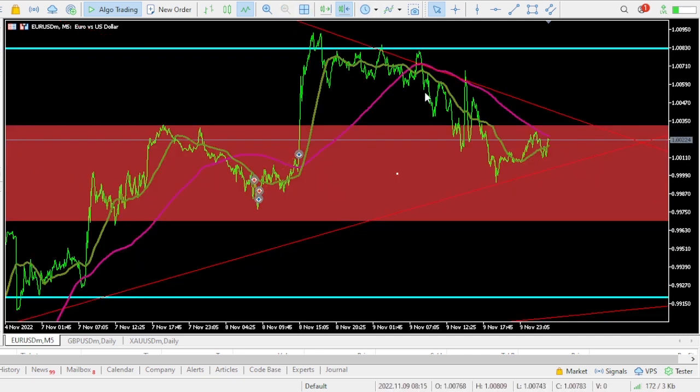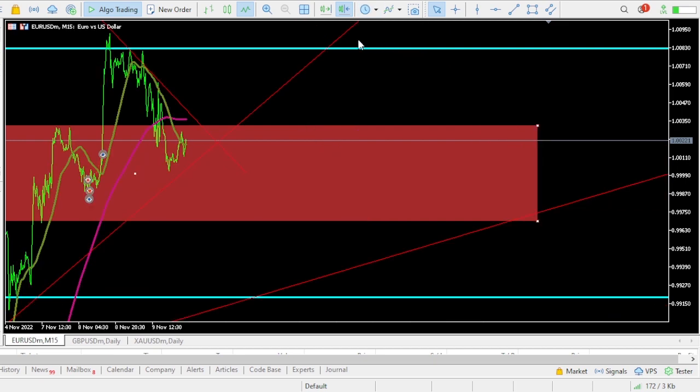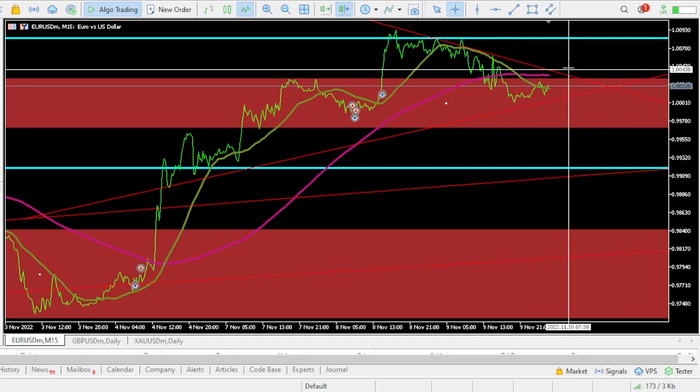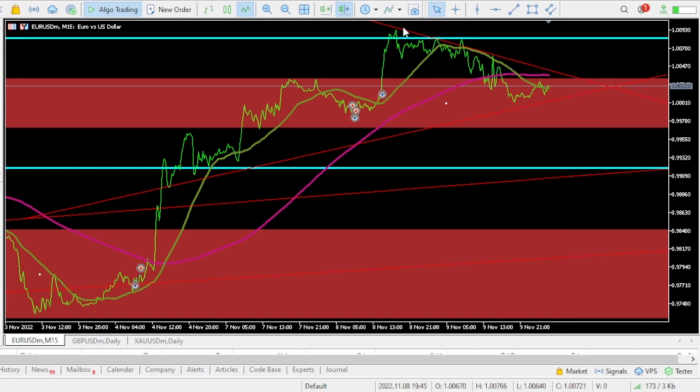So if it breaks above this now, let's assume that I write this thing now. Let me go to 15 minutes so I can show you something. Now this is the 15 minutes time frame. If this market breaks above this trend line, and I write it from here to this place alone, that's 38 pips, my guy. We are good.